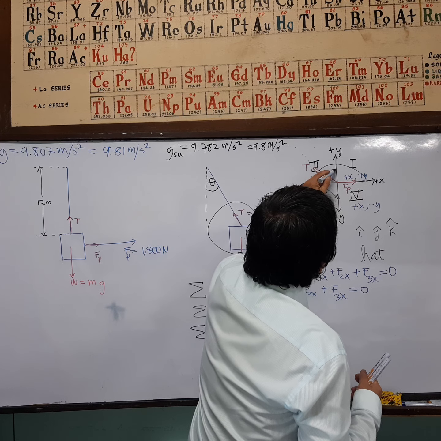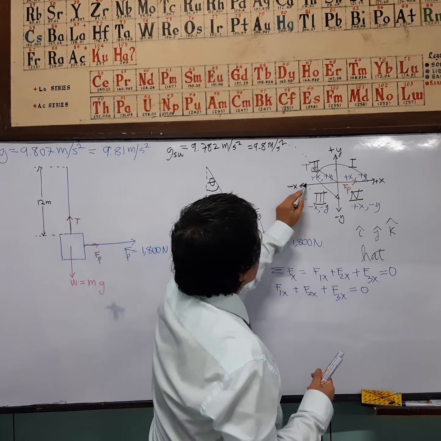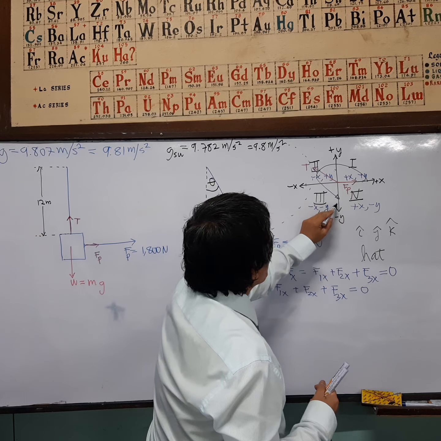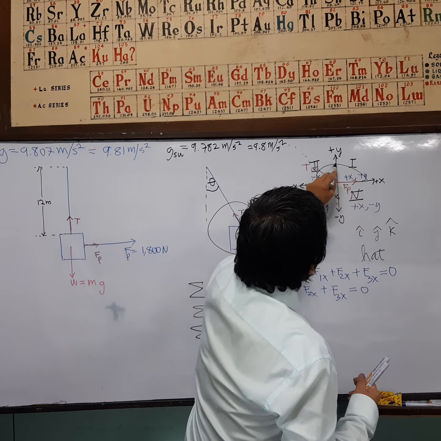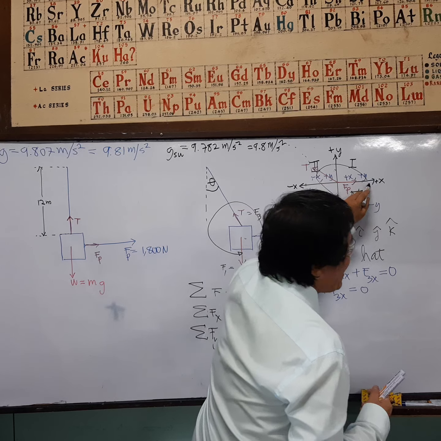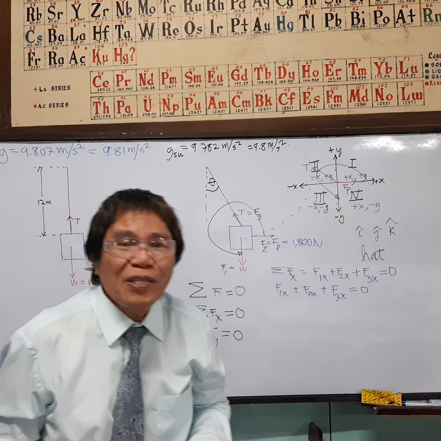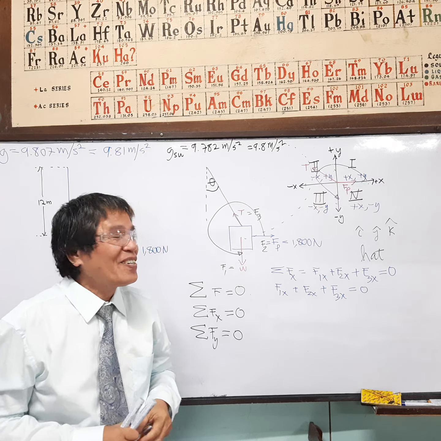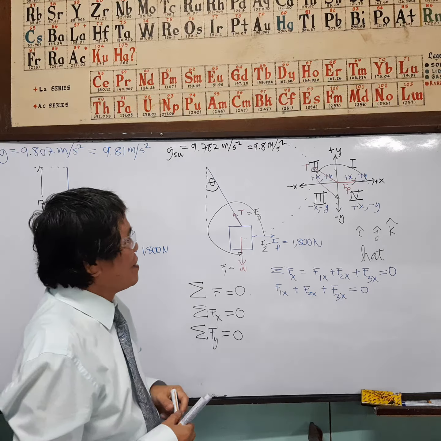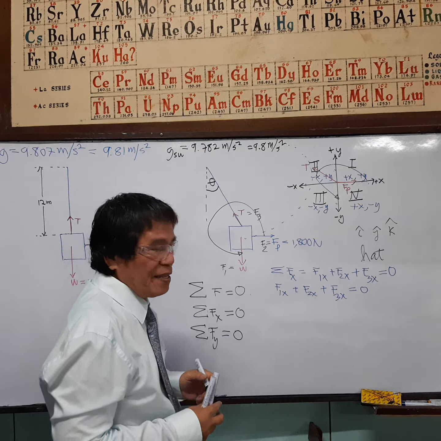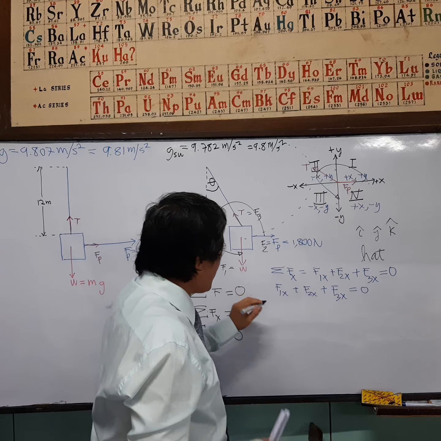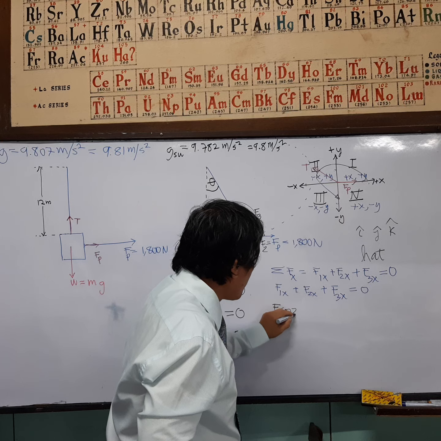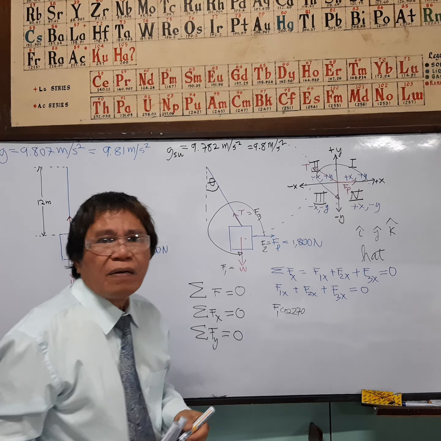From here to here, 90 degrees. From here to here, 180 degrees. From here to here, 270 degrees. And until here, 360 degrees. Now relax, you can review this video. So in this case, you have F1 cosine 270 degrees. We use cosine for the x component.